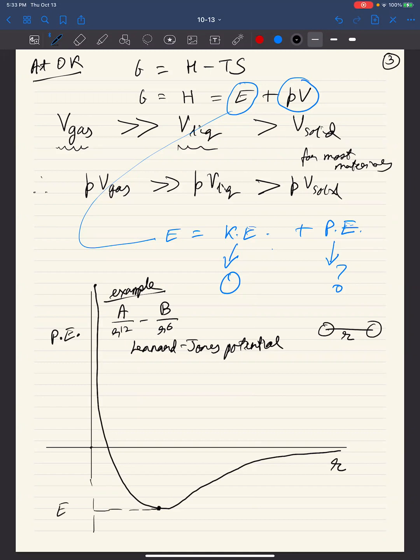That is the energy of the solid. At 0 temperature, I'm just going to call it E solid because there is no kinetic energy. Liquid, on the other hand, is going to oscillate a bit more and it expands, right? That's the whole idea, that the volume is higher. So the liquid potential energy is going to lie somewhere over here if you look at this curve. So this is going to be E liquid.